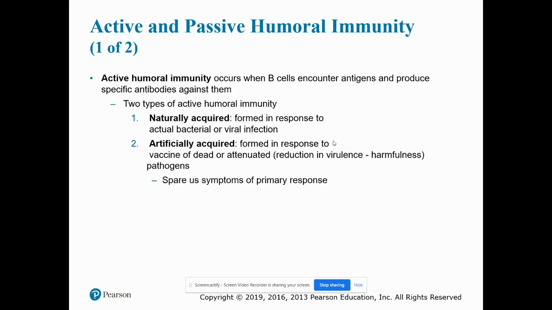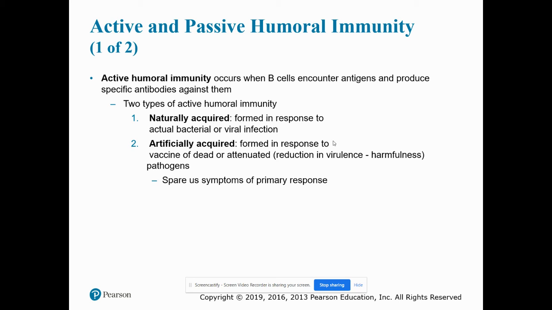All right, so now we move on to talking about active and passive humoral immunity. Active humoral immunity is going to occur when B cells encounter antigens and produce specific antibodies against them. There are two types of active humoral immunity: naturally acquired and artificially acquired.